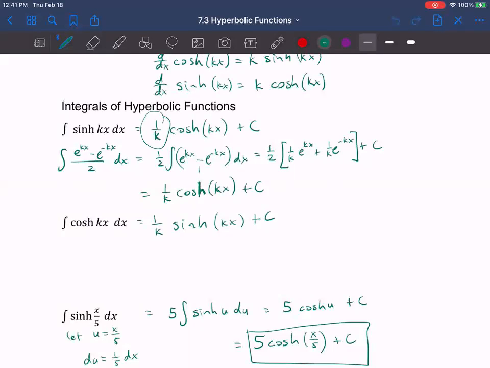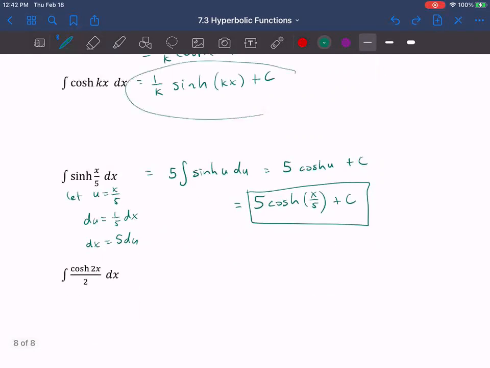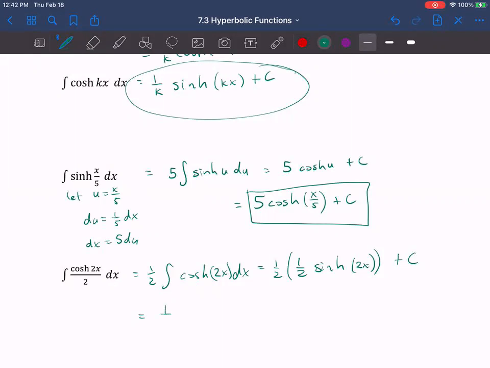So if we just use this result right here, we've got a 1/2, and then we have our integral of cosh 2x dx. And then according to this, that just equals 1 over 2 sinh of 2x plus c. So you can write 1/4 sinh 2x plus c.